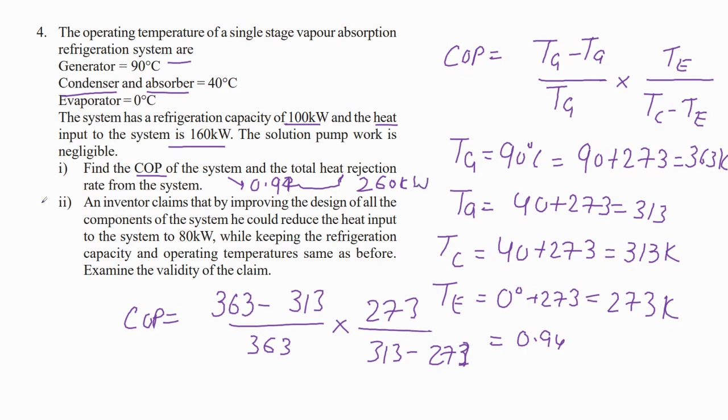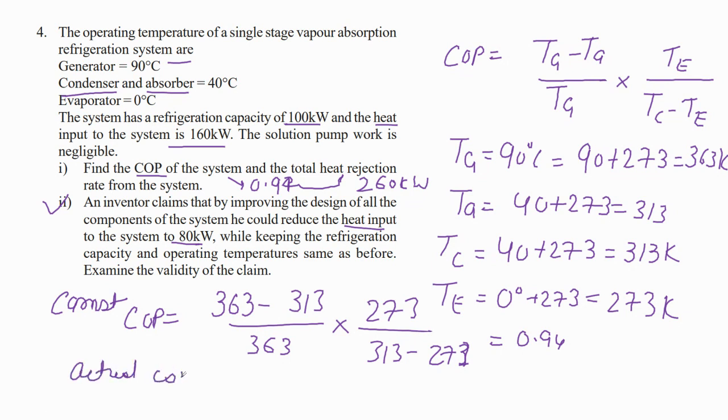Now let us see. An inventor claims that by improving the design of the system, he would reduce the heat input to the system to 80 kilowatt. So now, what is the COP of this system? This is the Carnot COP, which you have calculated. Now, what is the actual COP?